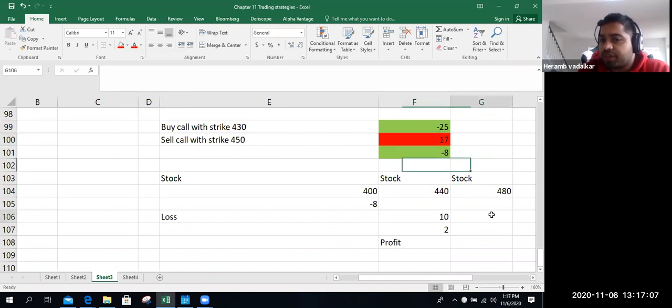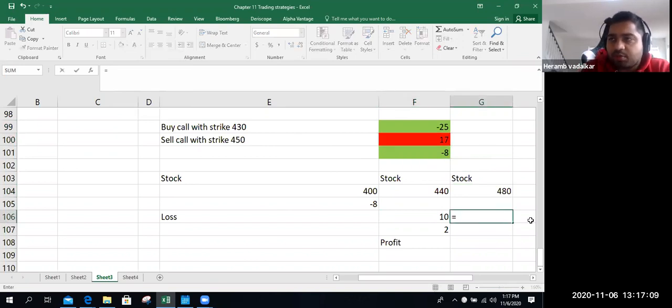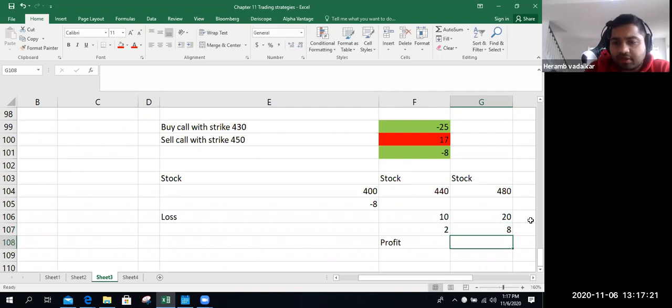So how much profit do you make? The actual profit you make is the difference between strike prices: 450 minus 430, 20 bucks. $8 to set it up. So the total profit is $12.